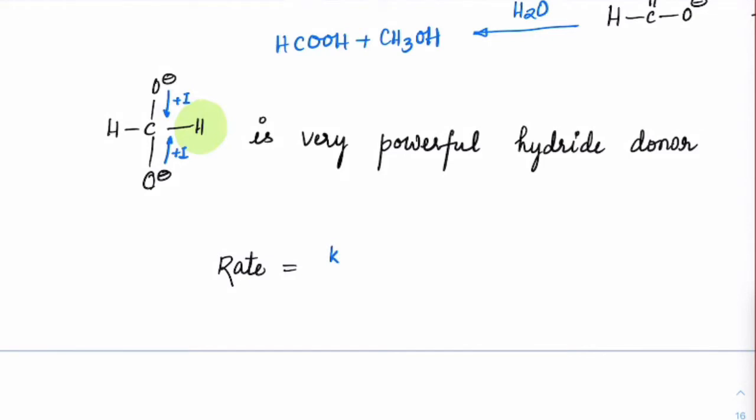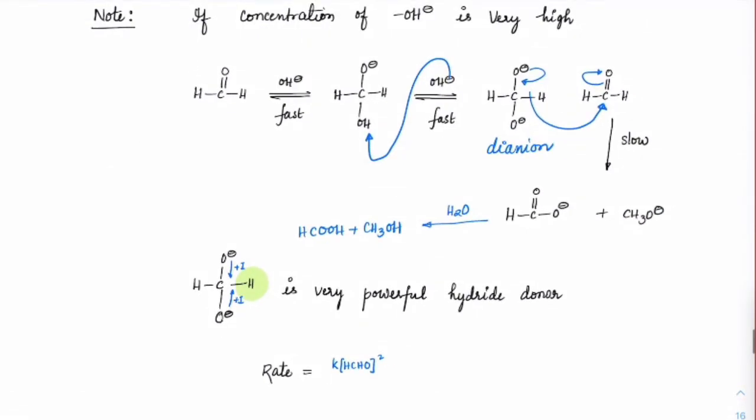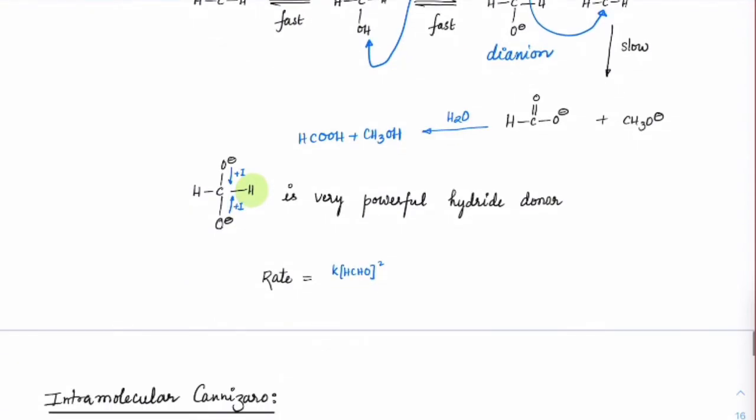Rate would be some constant into HCHO whole square, because you can see two molecules of formaldehyde are involved in the reactant. At the same time, there are two OH minus involved here as well. So it would be OH minus whole square as well, and this makes it a fourth order reaction, fourth order kinetics.